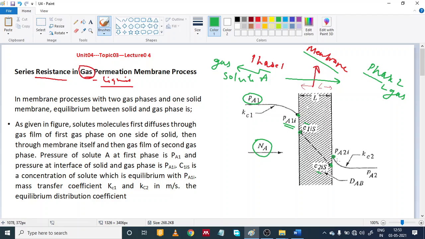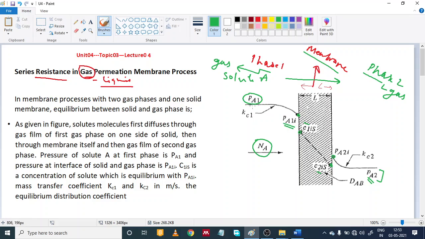And again, since phase 2 is a gas phase, PA2 is the partial pressure of A in the second phase, that is the bulk partial pressure, and this is the interface partial pressure. So this is what is going on.